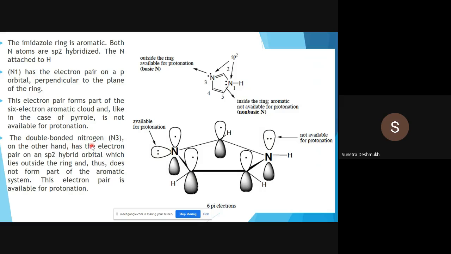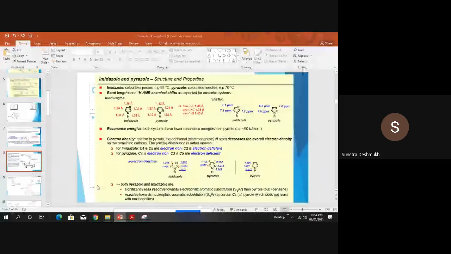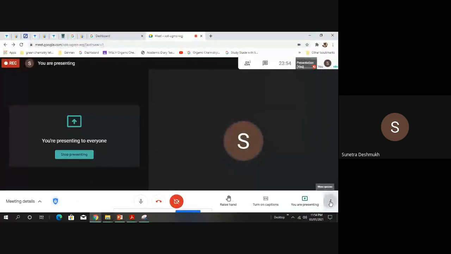The double bonded nitrogen N3, okay, this is N3, C double bond N, on the other hand, has its electron pair in an sp2 hybrid orbital. Okay, this lone pair is present in an sp2 hybrid orbital, which lies outside the ring, and thus does not form part of the aromatic sextet. This electron pair is available for protonation. We'll see the next part regarding the pyrazole structure.